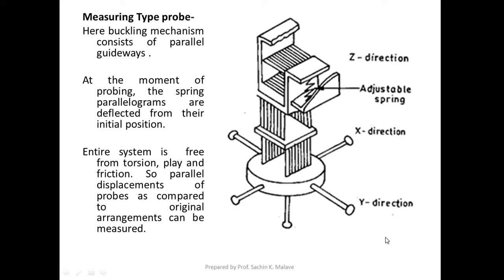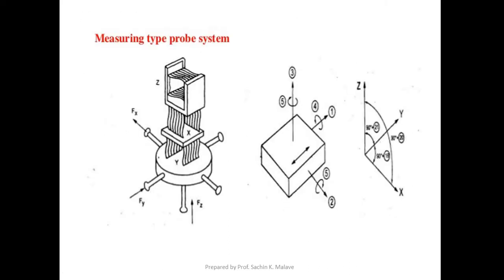It is very easy to get the measurement, because the measurements in all three directions are totally independent of one another. So if the probe senses in x direction, only the spring parallelogram in x direction gets deflected, and that is applicable for y direction and z direction also, and we can take the measurements in the respective directions. Okay, so that is shown over here.